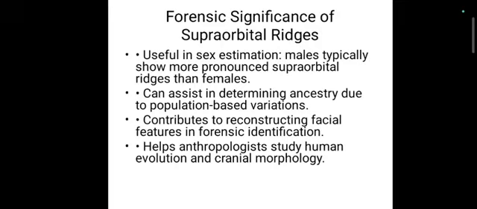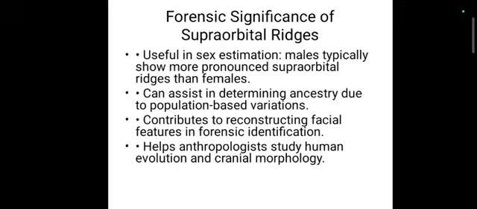It can also assist in determining ancestry due to population-based variations. As supraorbital ridges are verified between male and female, this is easily identified when skeletal remains have been found. And as said in the second point, it helps in determining ancestry due to population.